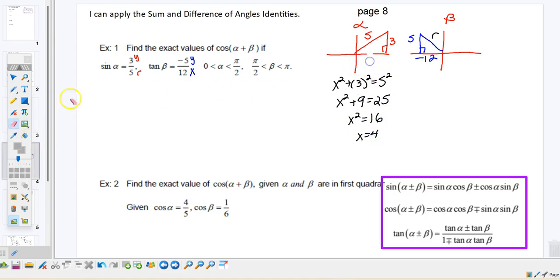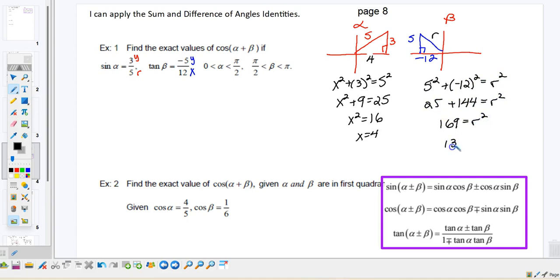And this is a length of 4. And then the r here, x squared plus y squared equals r squared. The square root of 169 is 13.